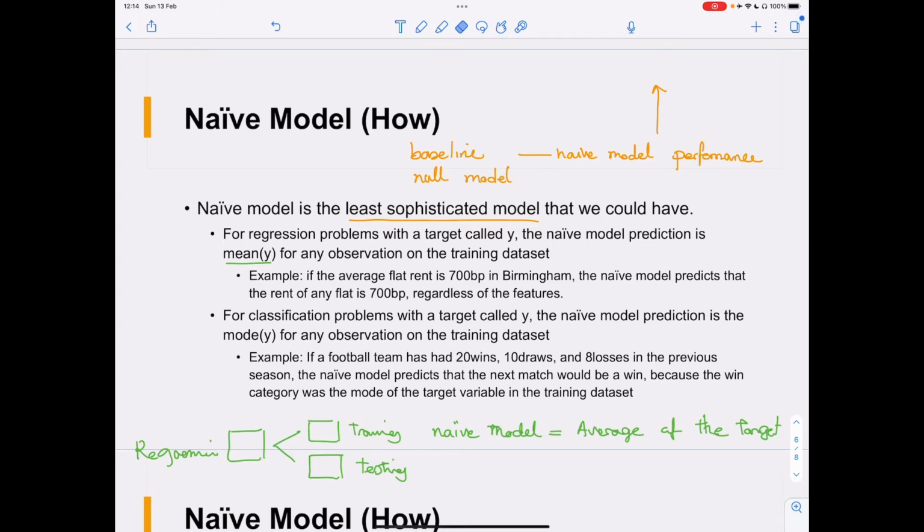The training part would be part of our historical data, and the target, the income, has many different values. Let's say 25K, 15K, 18K, 35K, 55K, 40K, 28, 25, 27, and so on and so forth.